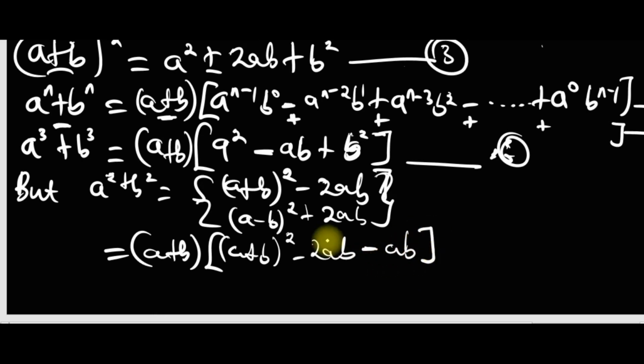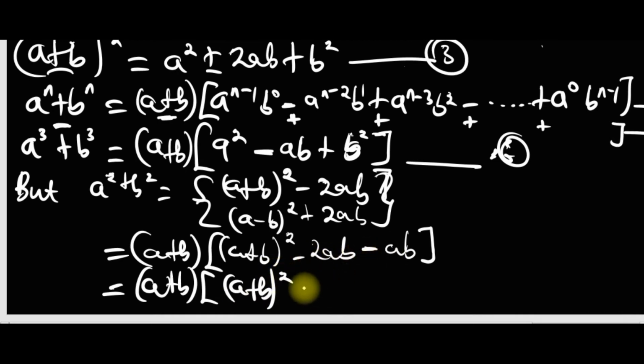Do you get the logic? I replace a squared plus b squared with a plus b all squared minus 2ab. Finally, minus ab. So what we have here is now a plus b all squared minus 2 minus 1 is minus 3, so minus 3ab.